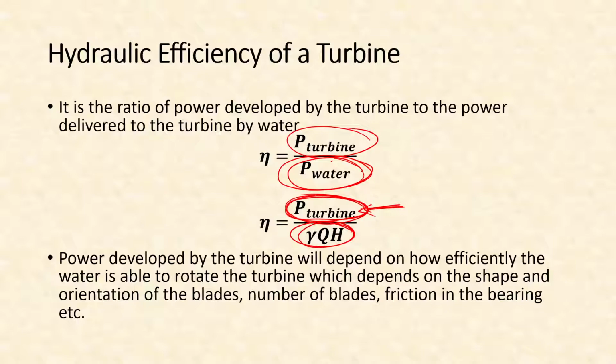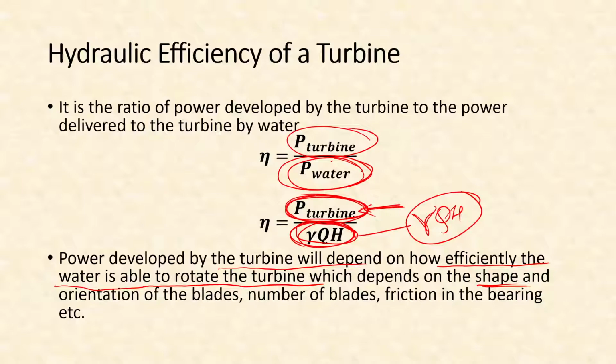So basically the power developed by the turbine will depend on how efficiently the water is able to rotate the turbine. The water is already delivering this amount of power, gamma QH, but whether this whole power is used to rotate the turbine will depend on the shape of the turbine blades, the number of blades, and the orientation of the blades.